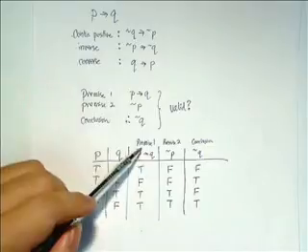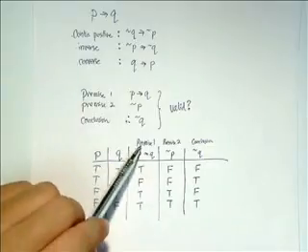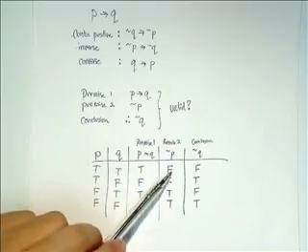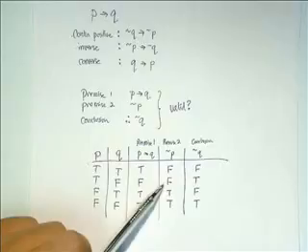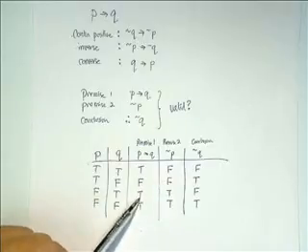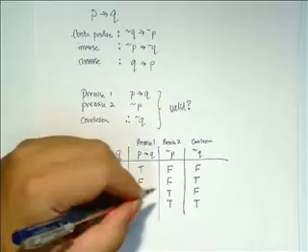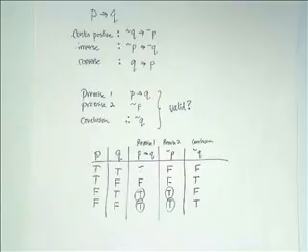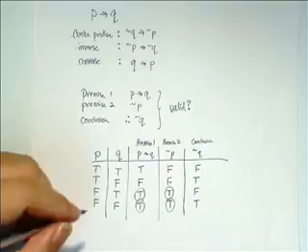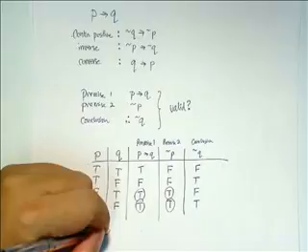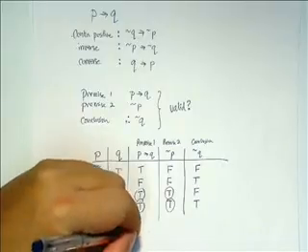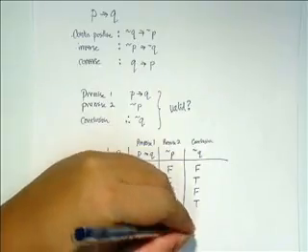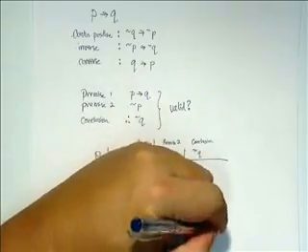What we are looking for are rows in which all our premises are true. Let's look at row 1. This is true, this is false, so this is not a critical row. Row 2, both of them are false, not a critical row. Row 3, both of them are true, so this is a critical row. Row 4, both of them are true, so this is also a critical row. So rows 3 and 4 are critical rows because all premises are true.